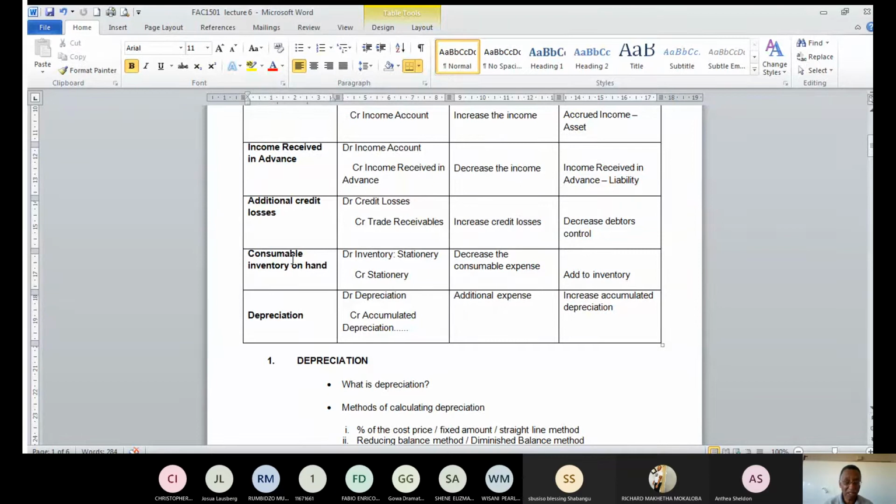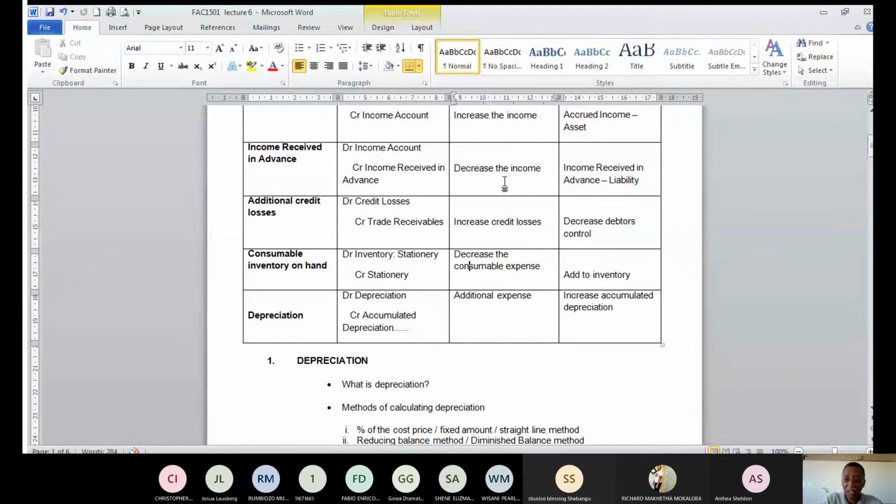So for the journal entry to account for that, we work with an account called inventory stationery. If packing material was on hand, we call that account inventory packing material. So we debit inventory stationery because it is classified as an asset, and you credit stationery, you must decrease the stationery account.